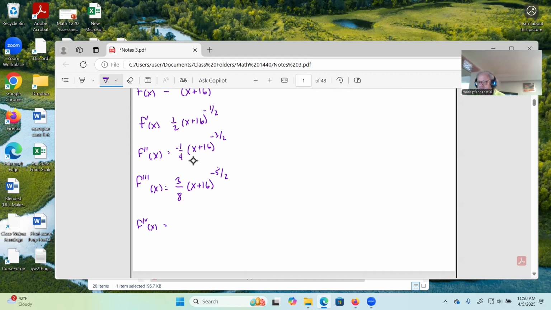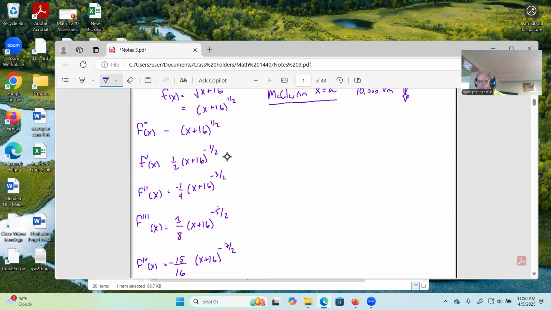So we have 3 times 5, which is 15, and then 8 times 2 is 16. We have a negative value here: negative 15/16 times x plus 16 raised to the negative 7/2. Okay, so that's our first sort of chore when we have to go ahead and sort out Taylor polynomials.